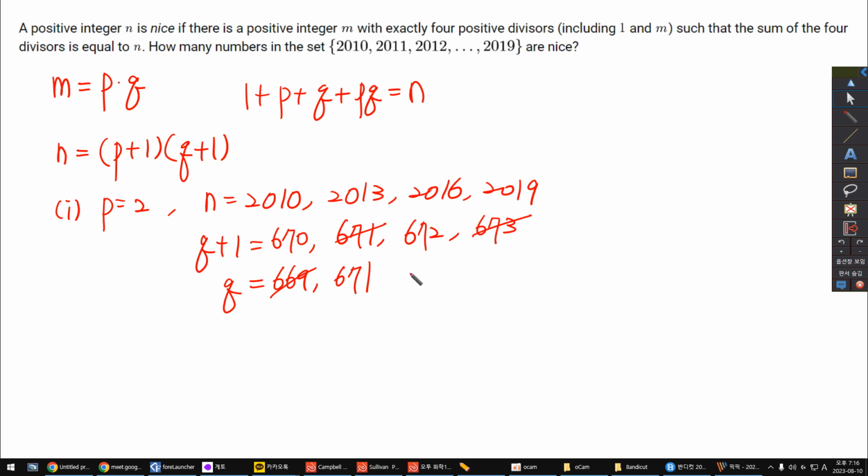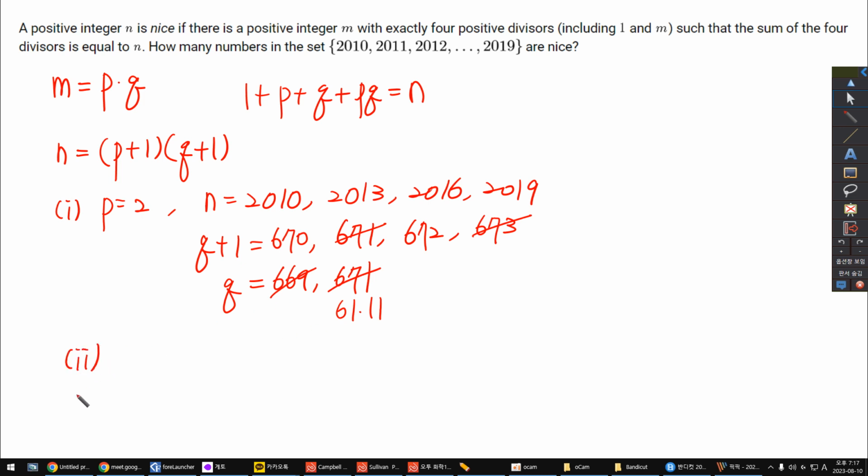Yes. Okay, actually that's not a prime because it's 61 times 11. So unfortunately this is not a prime. So that means in the first case there is no number satisfying the prime number 2. So we can think of the second case.